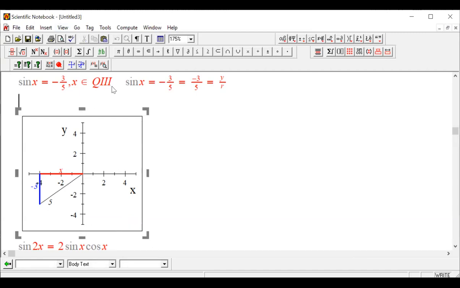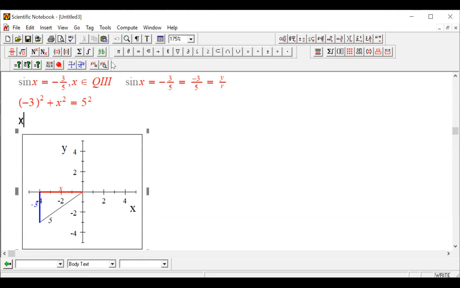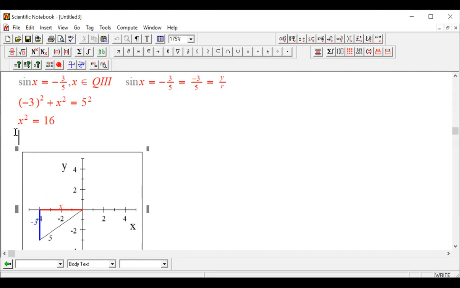Okay, so we have -3 squared, this is the Pythagorean theorem, plus x squared equals 5 squared. Then x squared equals 16, 5 squared minus 9. And then we take the square root.